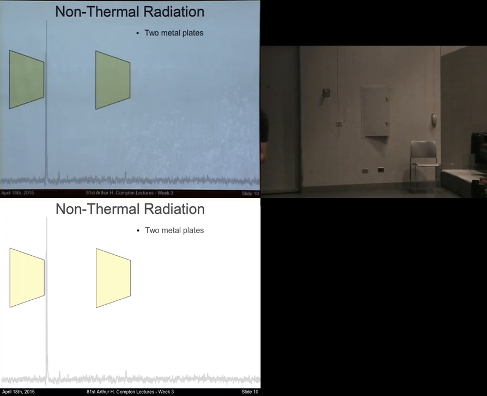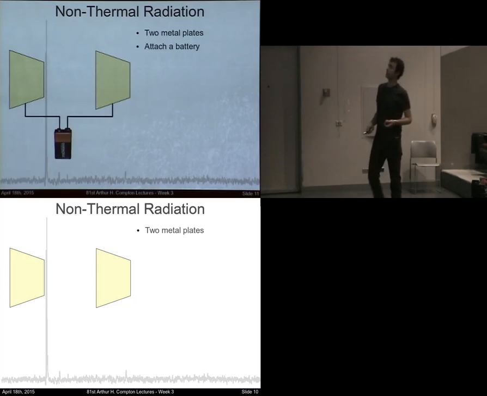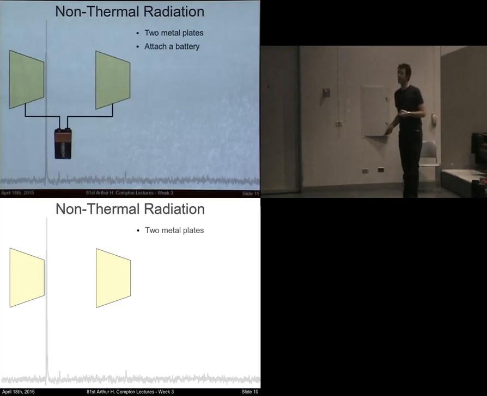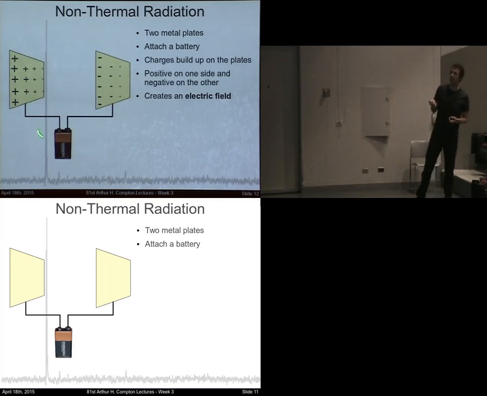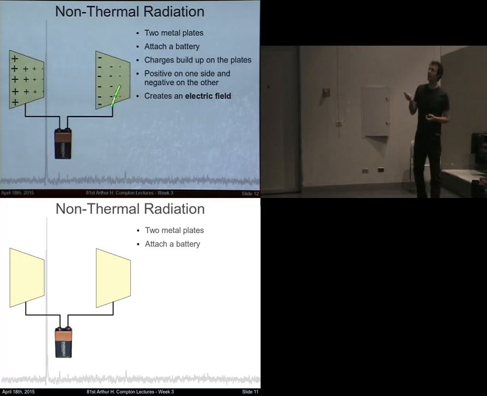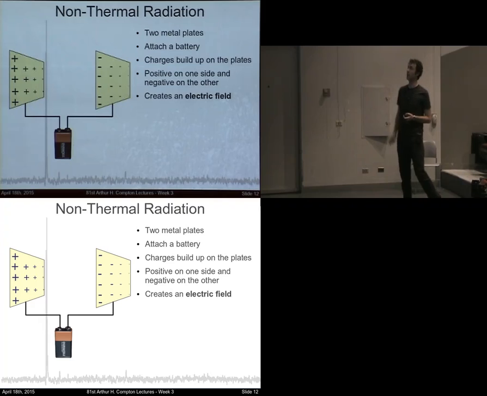So, let's have a little example. If you take two metal plates and you attach a nice little battery, then what will happen is charge is going to build up on the plate attached to one of the connecting points, and an opposite charge will build up on the other.